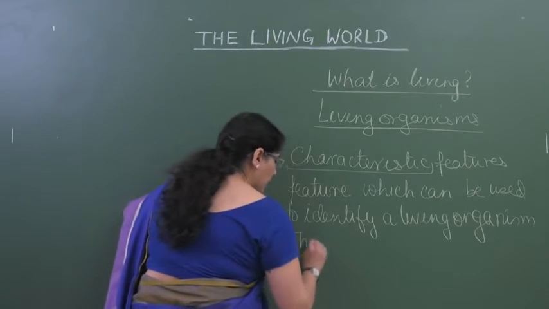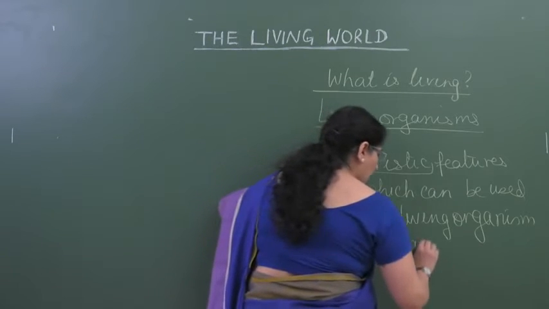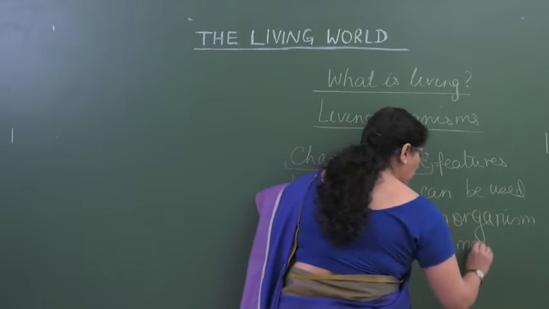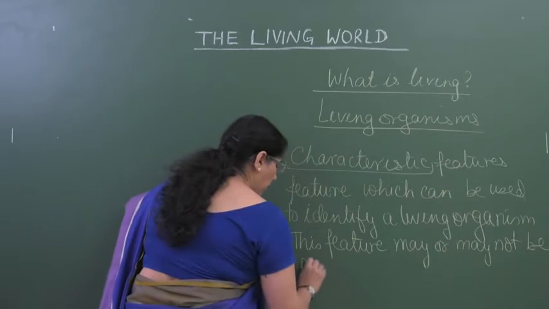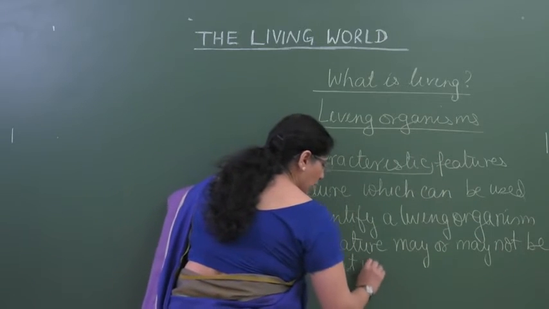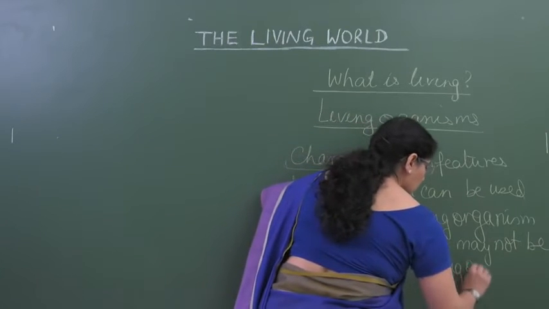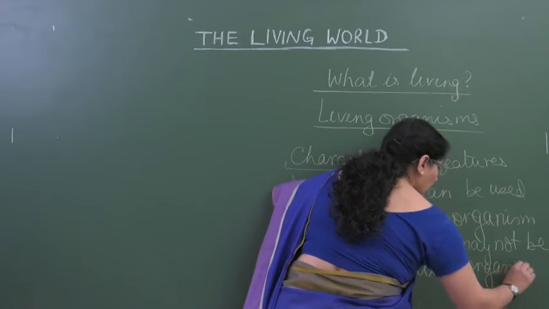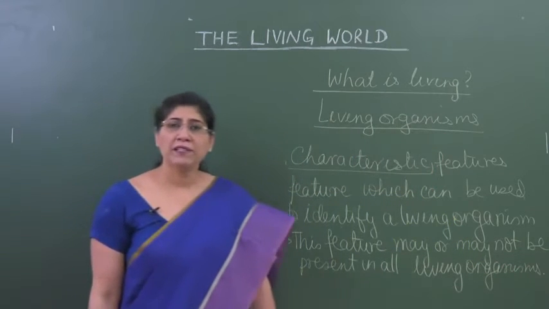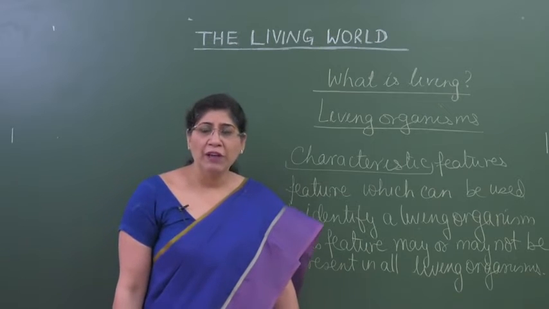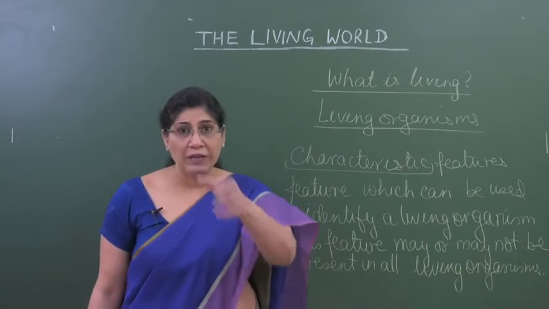This feature may or may not be present in all living organisms. This feature may or may not be present in all living organisms, which means it cannot be used as a feature to demarcate.